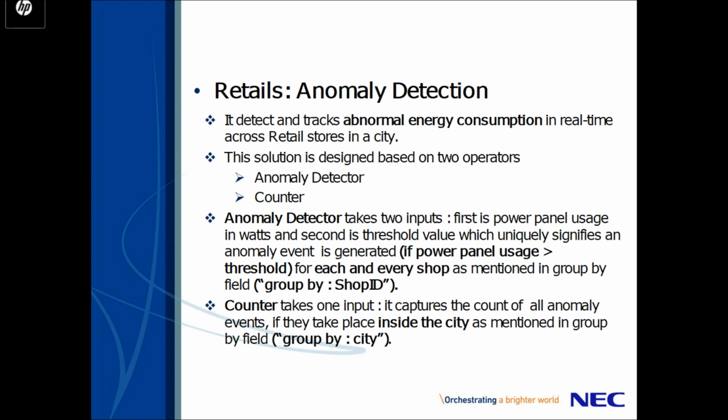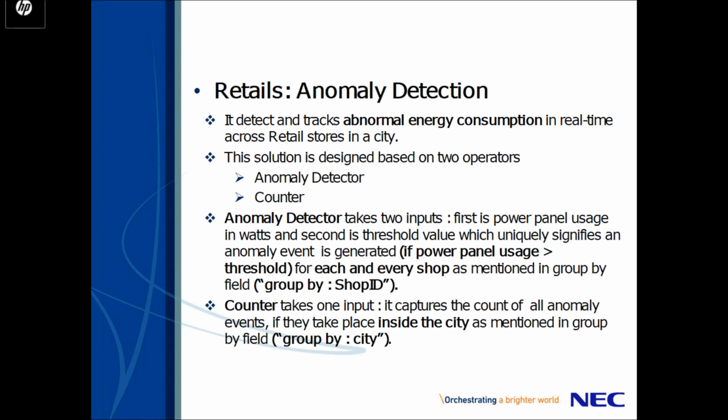So one use case is anomaly detection. What is it all about? You can see that in a city there are several stores or shops. In those shops there are several devices or appliances which are consuming energy.